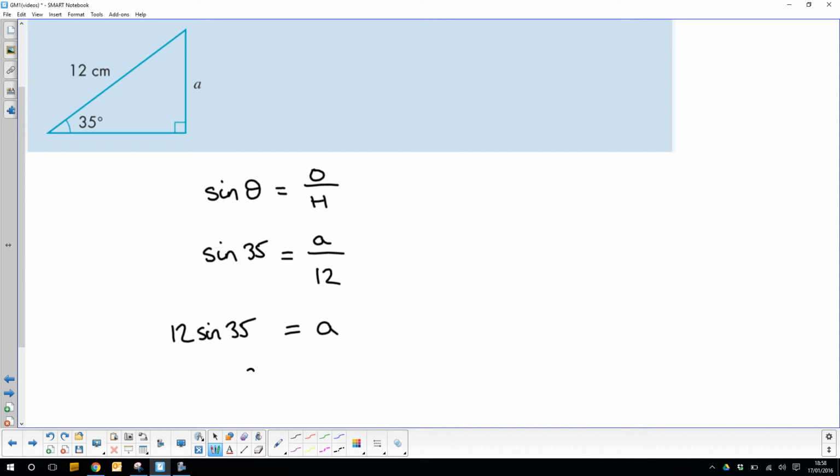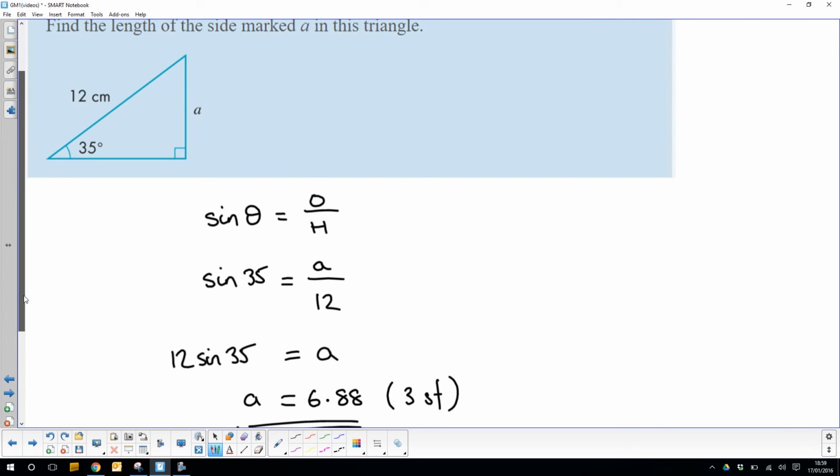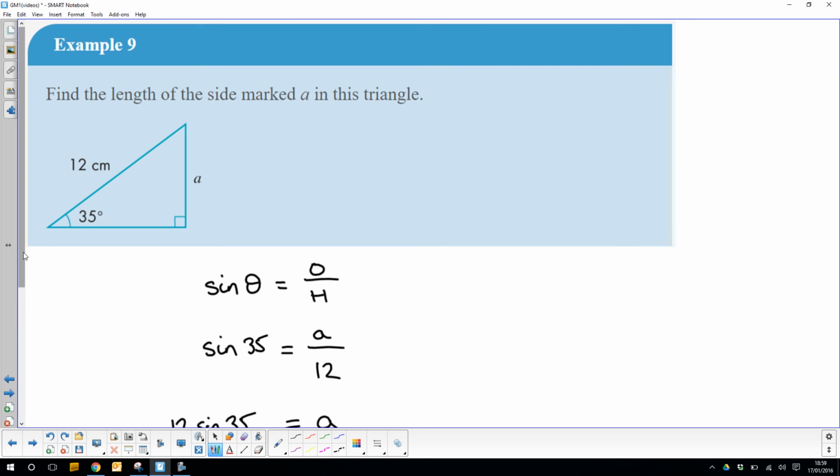So A equals 12 sine 35, and we type that into our calculator and we get a value of 6.88. It's 6.882917..., but to three significant figures, 6.88 is fine. Now there is one final stage here, and that is to go back and look at the triangle and make sure that your answer is likely to be correct.